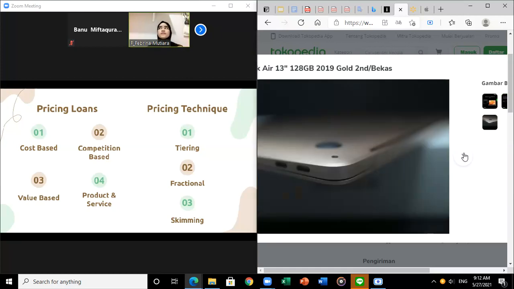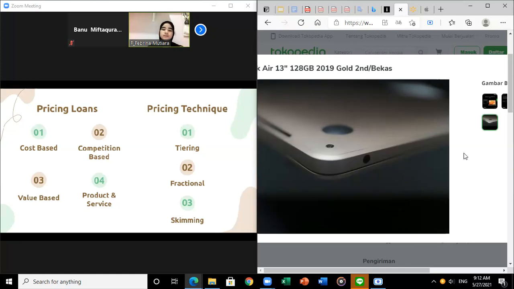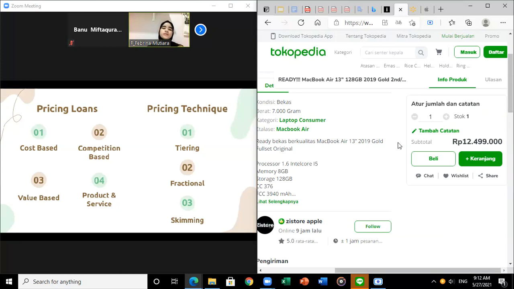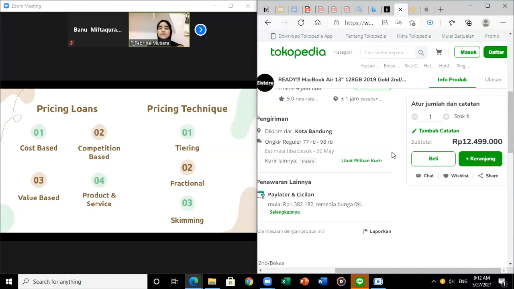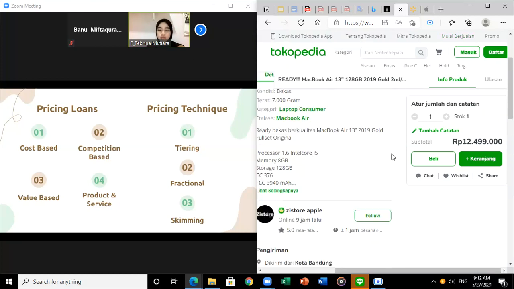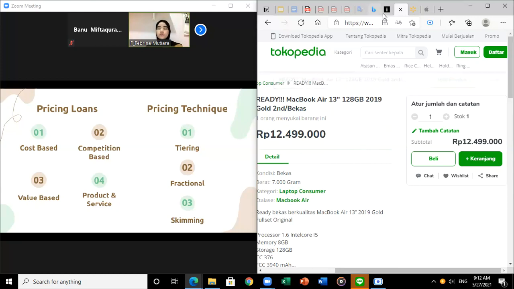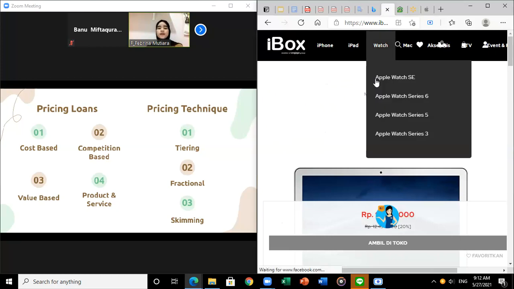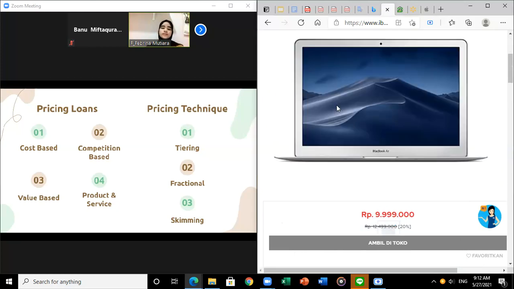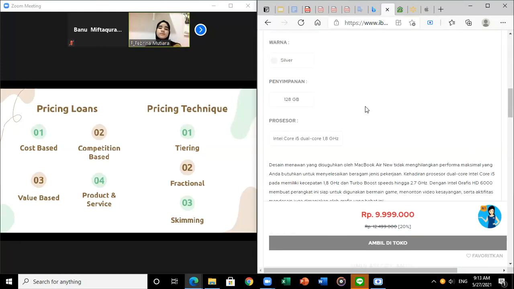Banks have to research what their major competitors in the industry charge for loans and then price their loans accordingly. Then there's value-based pricing. The financial institution also has to research the consumer's perceived value of the loans and then charge its own loans accordingly. Then there's pricing based on product and service relationship. This pricing method sees the financial service as a relationship rather than a business transaction.